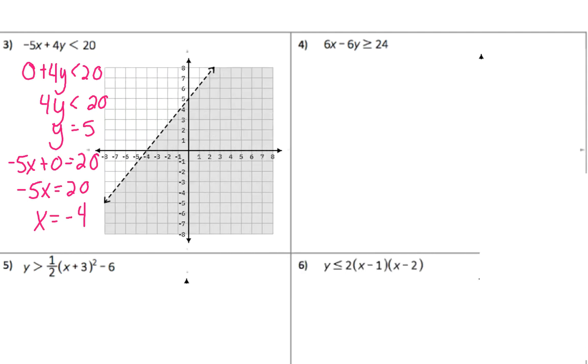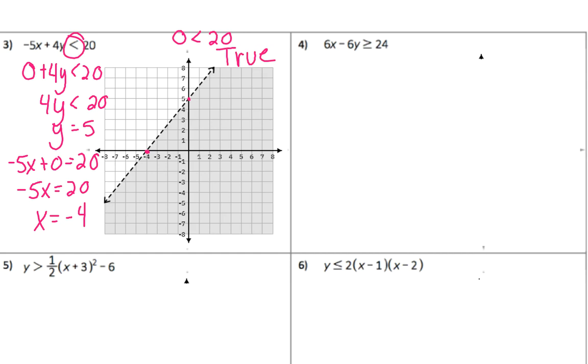So for this one, the graph would look like this. You can see there the y-intercept at 5, the x-intercept at negative 4. It's a dashed line because it's just less than. And when I test 0, 0, I would get 0 is less than 20, which is true. So I would shade towards 0, 0.